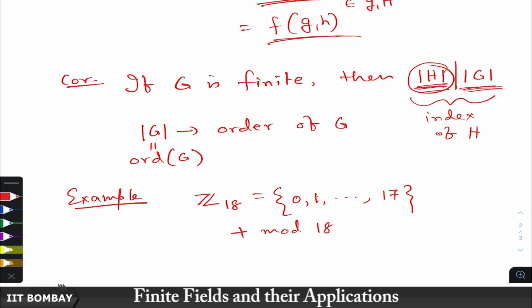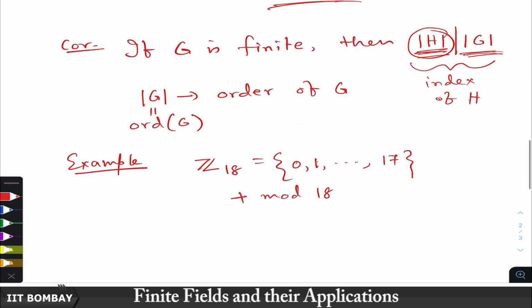Any Zn is a group under addition modulo n, and you can take multiples of 3, for example, 3Z18, right, which has the elements 0, 3, 6, 9, 12, 15. These are the elements.